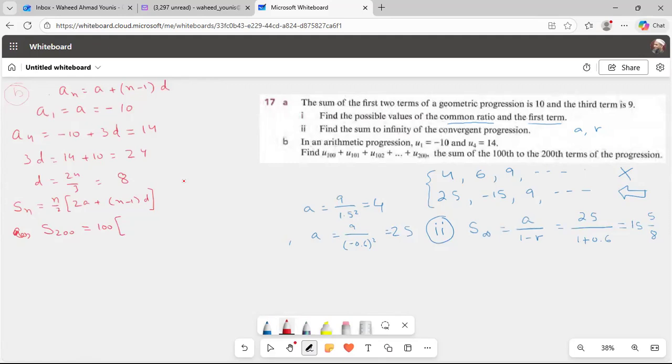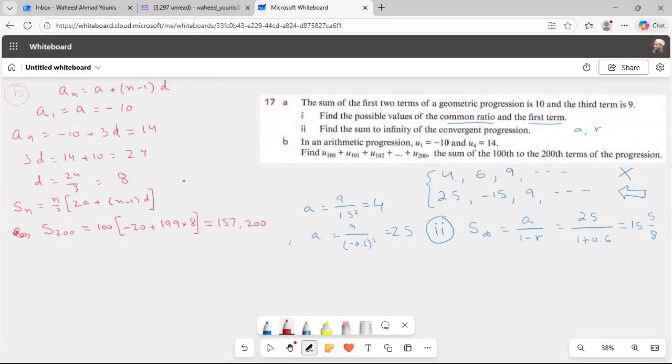So this is going to be minus 20 plus 200 minus 1 is 199 times d, which is 8. If I do all this calculation, yes, it comes out to be 157,200. Big number, right?